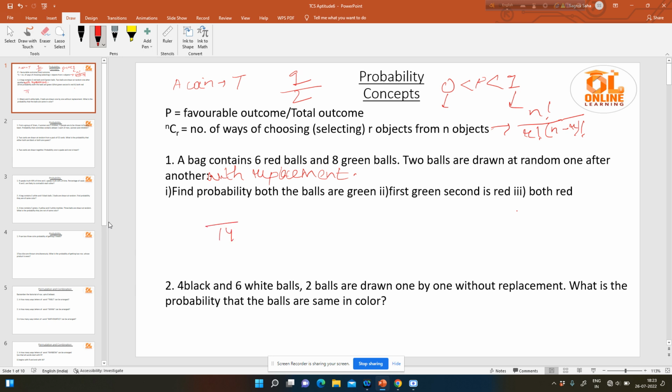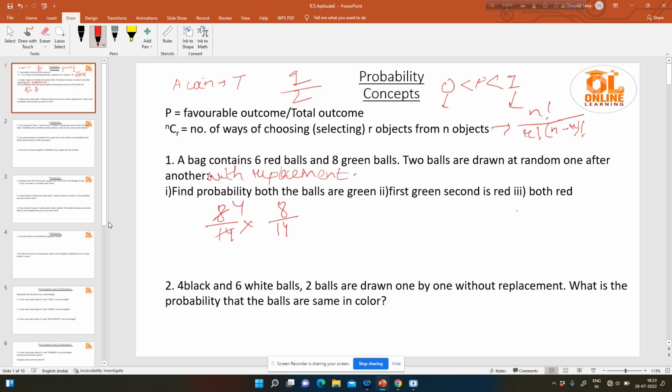When the first ball is drawn, the probability that it is green is 8 by 14, because 8 green balls are there. Then the ball will be put back into the bag, so still 14 balls are there, and 8 green balls. So the probability that both the balls are green is 8 by 14 into 8 by 14.